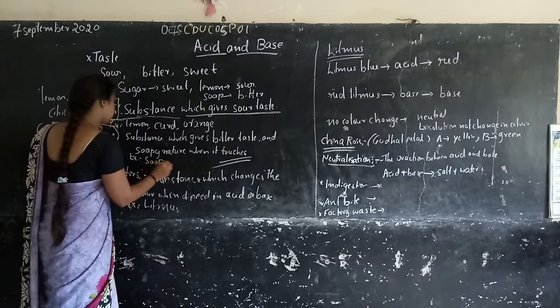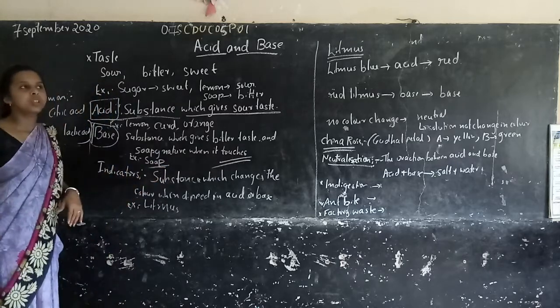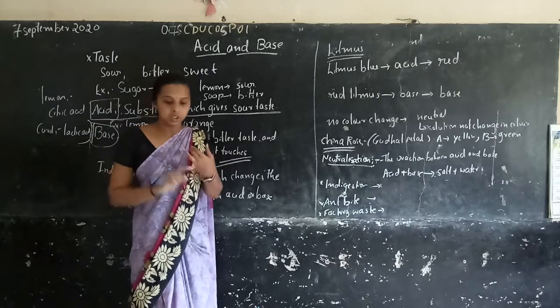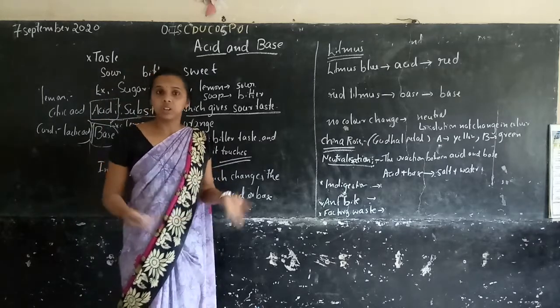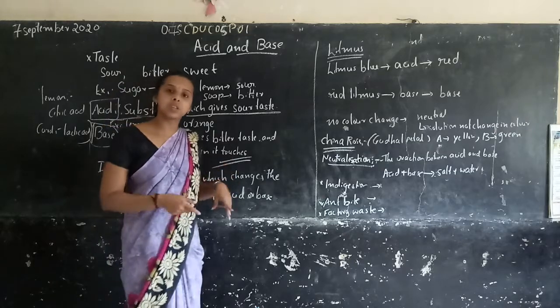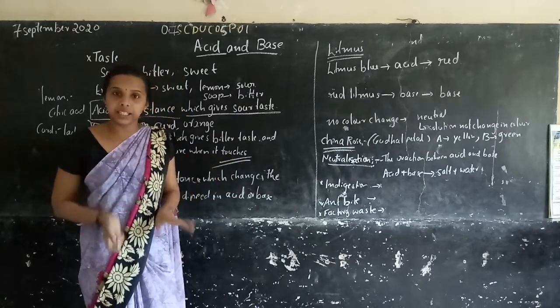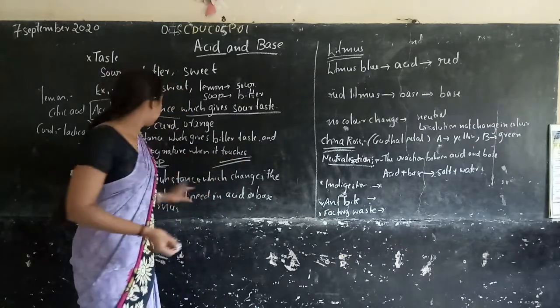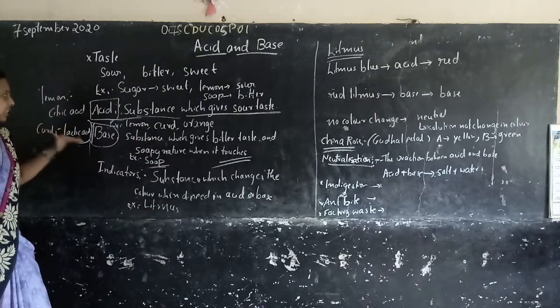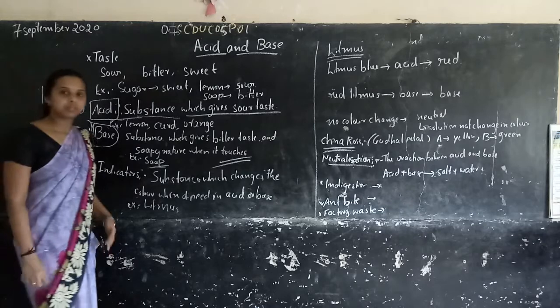Have you used soap? Bathing soap, and we wash clothes using soap also. Both types of soap are bases. So we know what acid is and what base is.